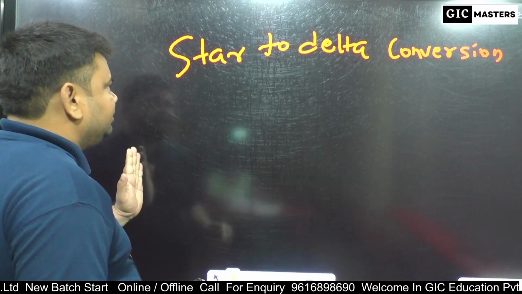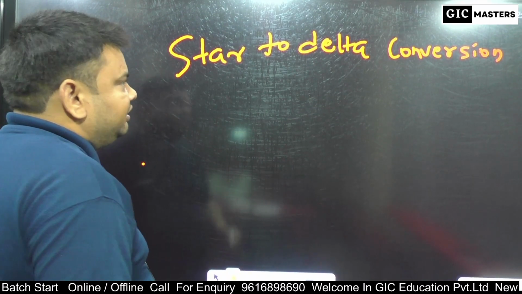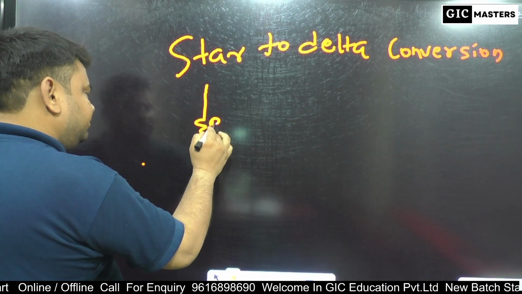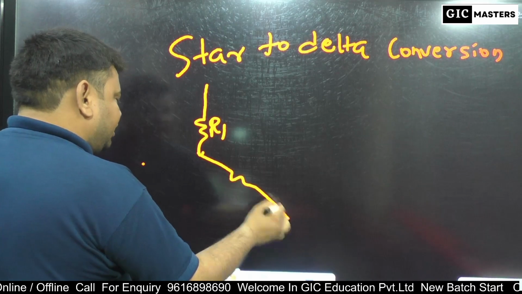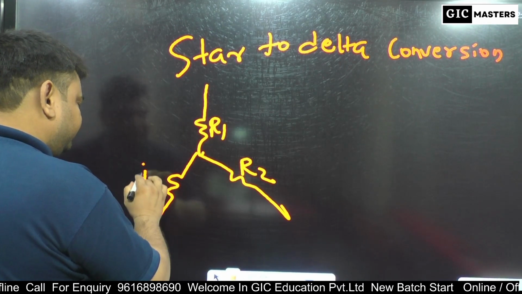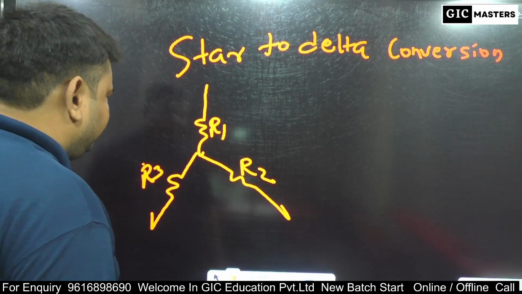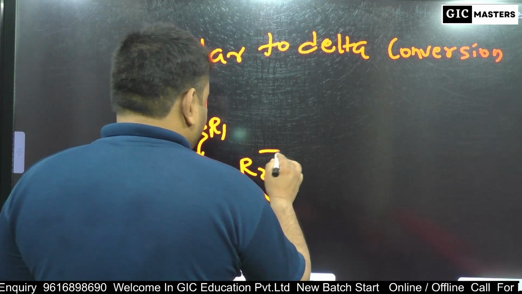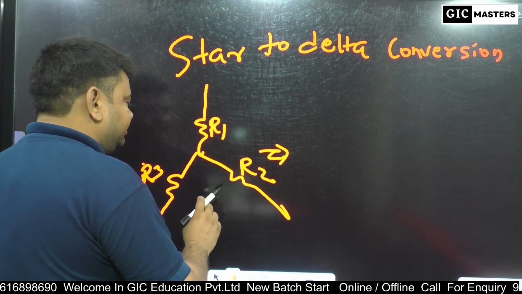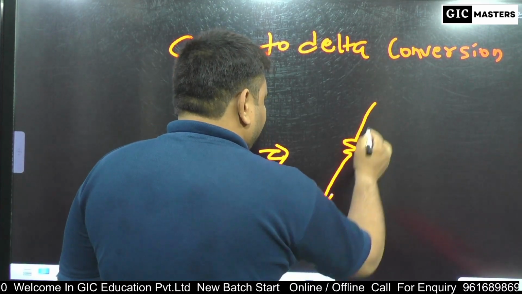How is a star connected resistor converted into a delta? Suppose there are three resistors R1, R2 and R3 connected in a star, but we want to convert this star connected resistor into delta connection.